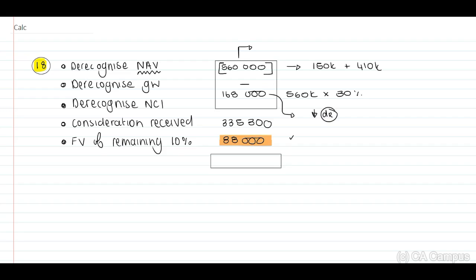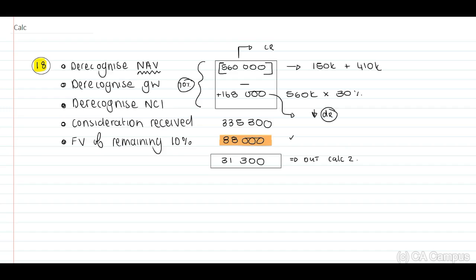Assets decrease on the credit side. Therefore, this will be a positive as we derecognize the 70% owned in this subsidiary that we take out. Therefore, our group profit will be an amount of 31,300.